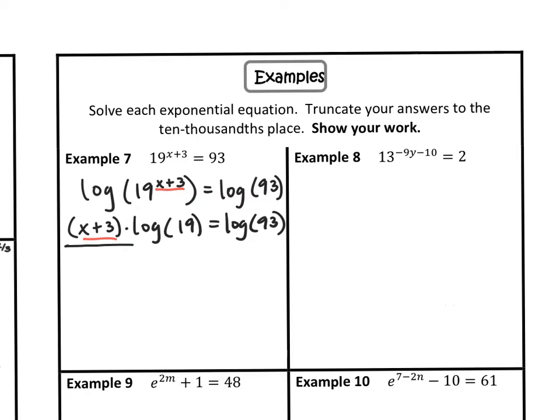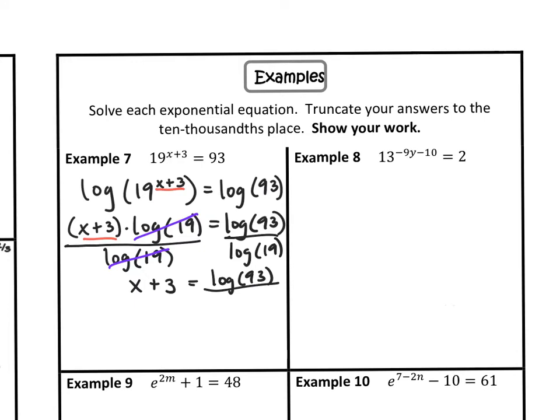So what we're going to do is divide by log of 19 on both sides. So this is going to cancel with this, and I'm going to be left with the parentheses, right? X plus 3 equals log 93 over log 19.